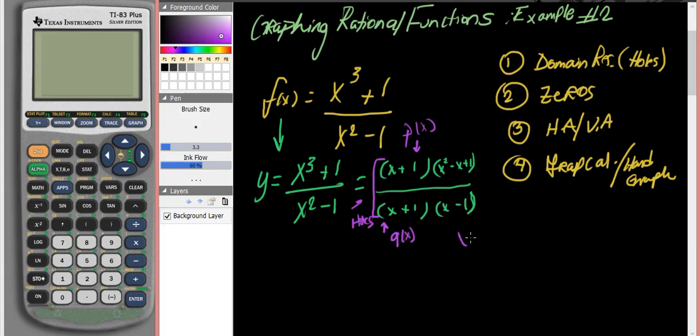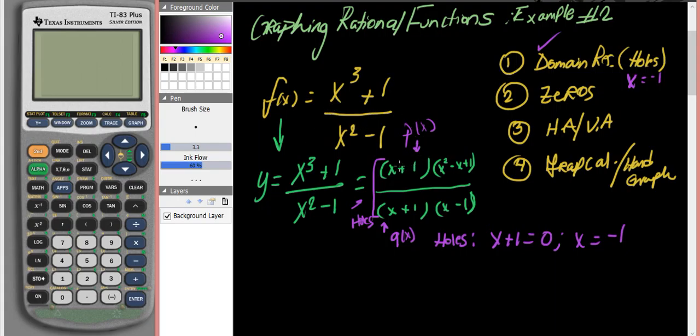So the hole would be x plus 1 is equal to 0, and we get x is equal to negative 1. That will be the hole in this graph. So we're going to write that up here: x is equal to negative 1 as our hole, and we're done with that one.